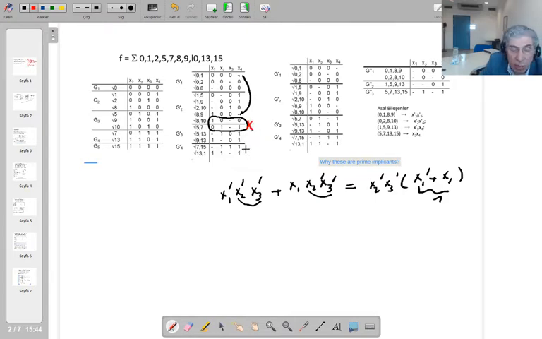So what does an elimination operation mean after this group and that group, and this group and this group, sorry? What happens here? 0, 1 and 8, 9. After the elimination, I have got this: x2 prime, x3 prime.